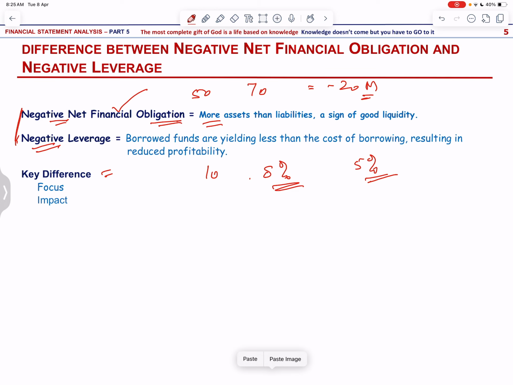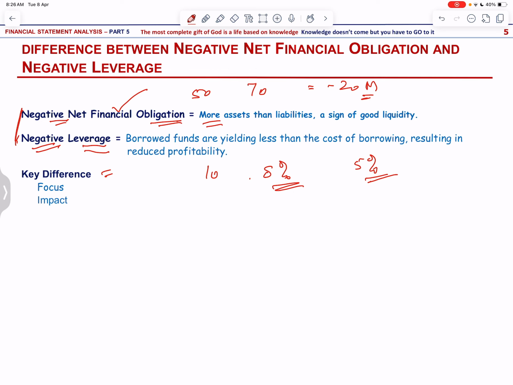Negative net financial obligation typically signals a strong financial position, more assets than liabilities, which is generally favorable. A negative leverage is an undesirable situation because it indicates that borrowing is not profitable, reducing shareholders' value and profitability.